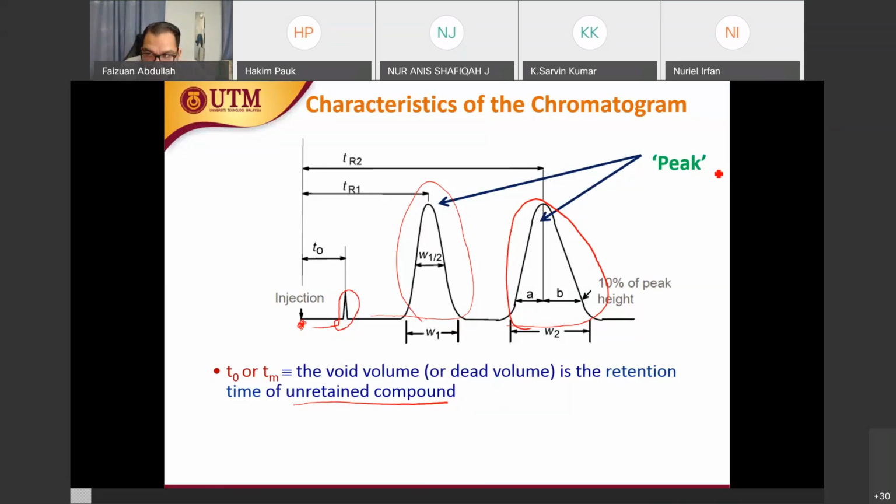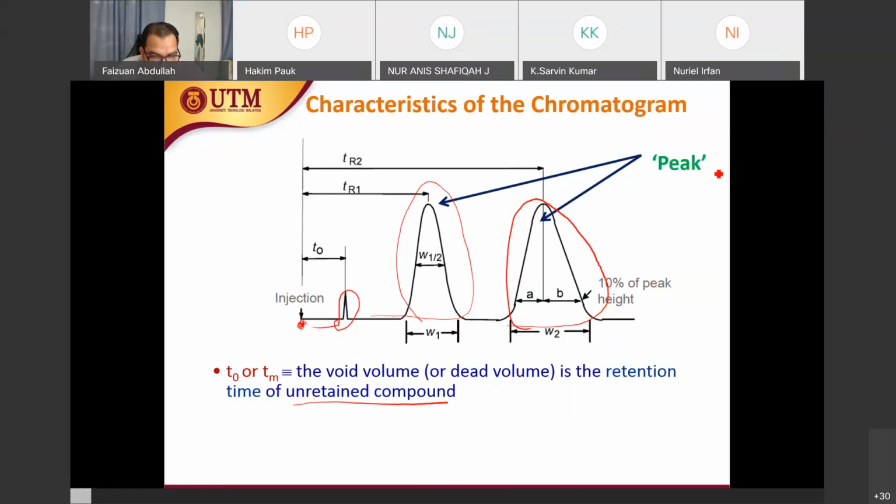The time taken for the solute to pass through the column is calculated from the injection to the detection.